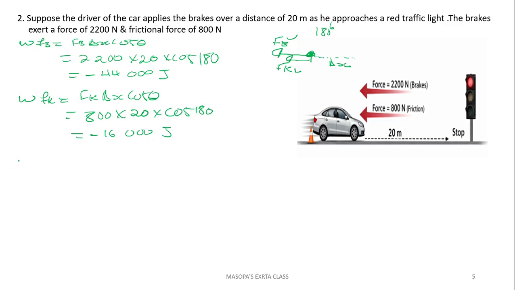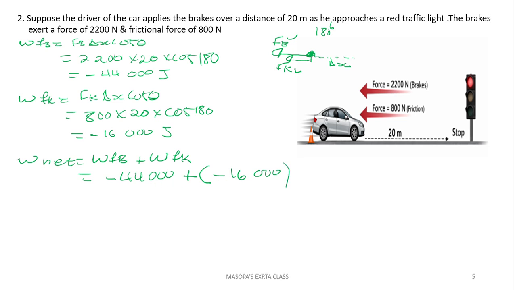Then when you look for the net work, it will be the work done by the force of the brake plus the work done by the frictional force Fk. The work done by the brake is negative 44,000 joules plus, also put a bracket, negative 16,000.